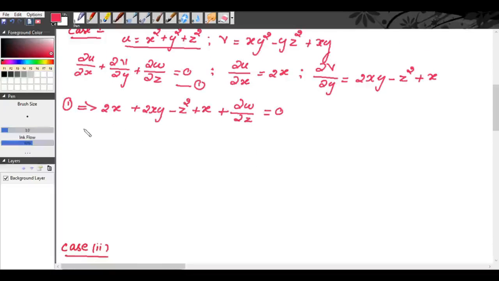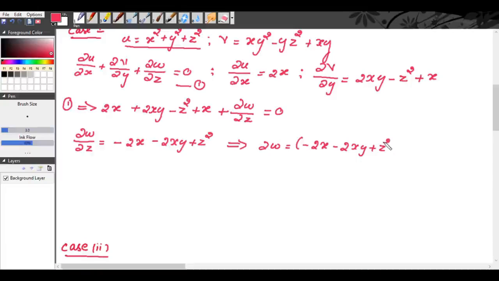So dou w by dou z is equal to minus 2x minus 2xy plus z square. So what we get is dou w is equal to minus 2x minus 2xy plus z square into dou z.